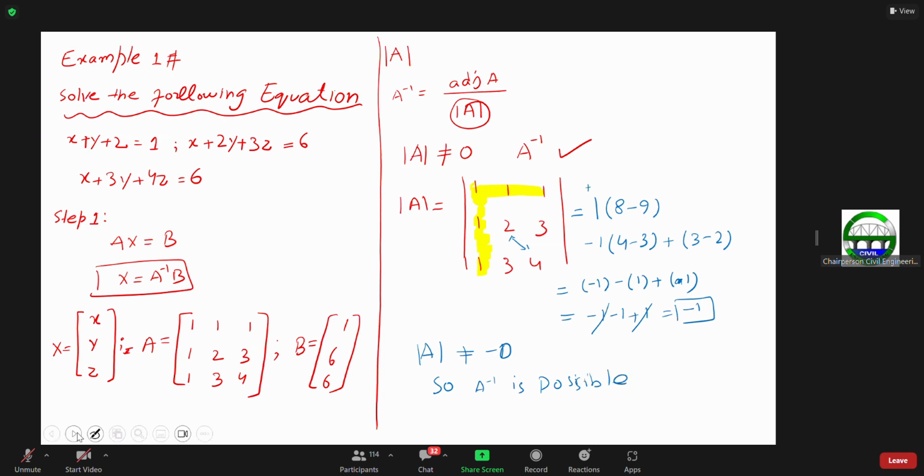Now in our next step, what are we gonna find? We're gonna find the adjoint of A. As I told you, what is the adjoint of A? Take the cofactors. The adjoint of A will be equal to the cofactor matrix Cij transpose, right?